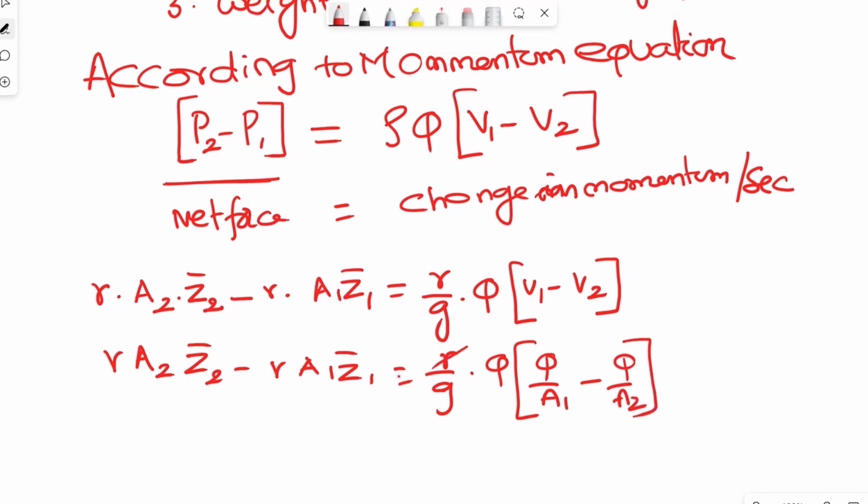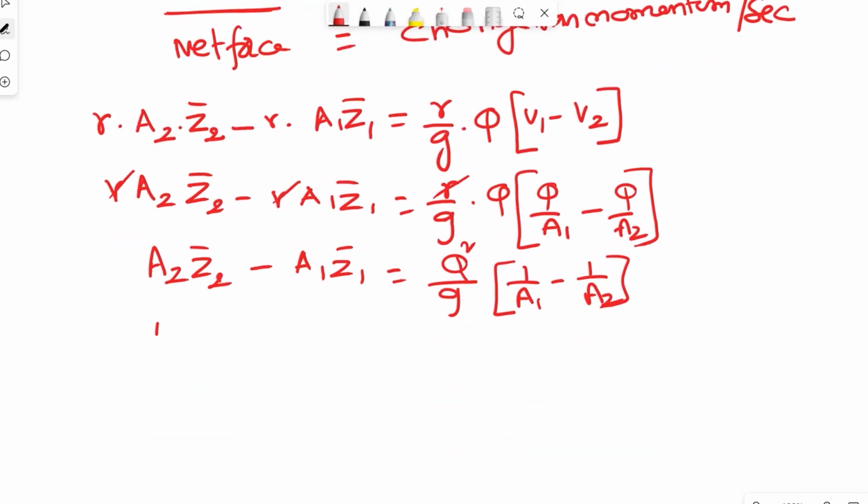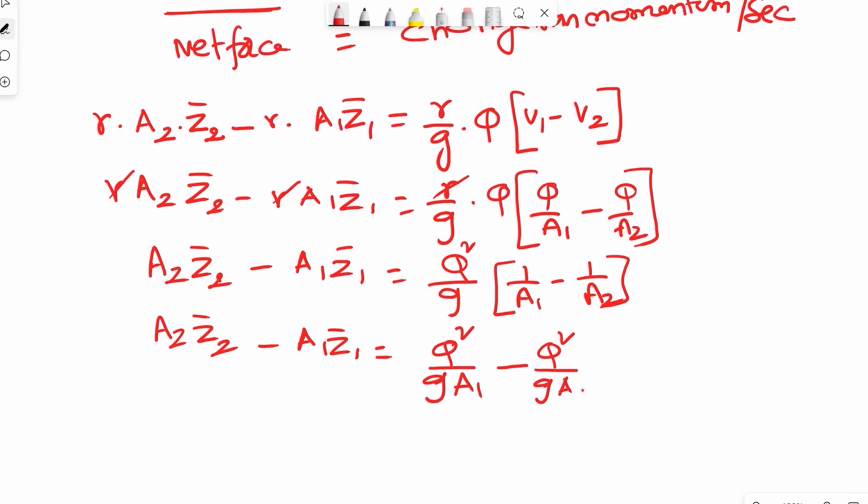Gamma cancels. So A2 Z2 bar minus A1 Z1 bar is equal to Q by g into Q by g... rather, Q square by g into (1 by A1 minus 1 by A2). A little bit again: A2 Z2 bar minus A1 Z1 bar is equal to Q square by g A1 minus Q square by g A2.